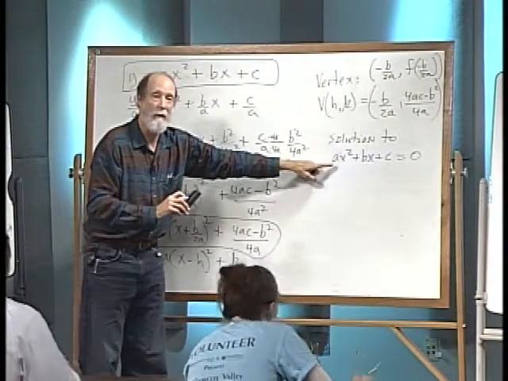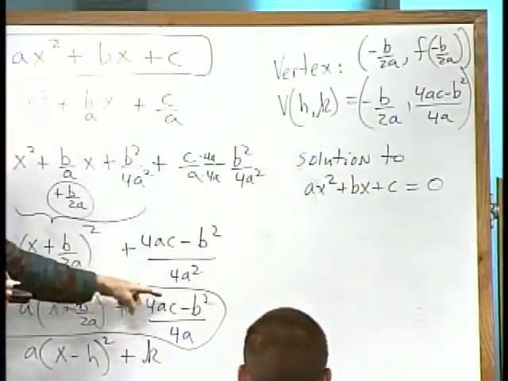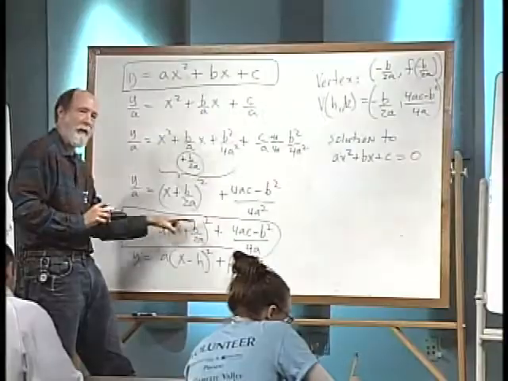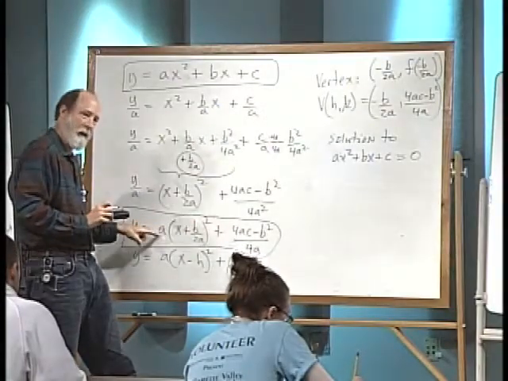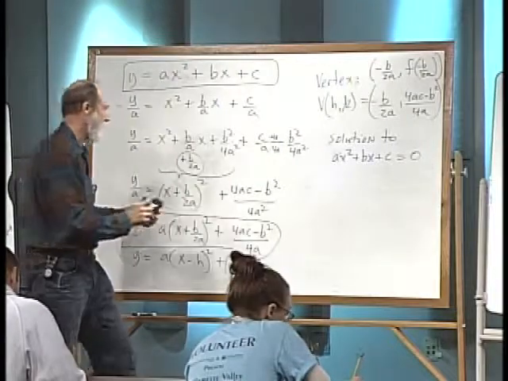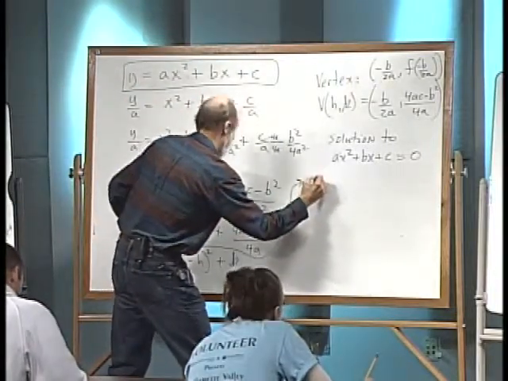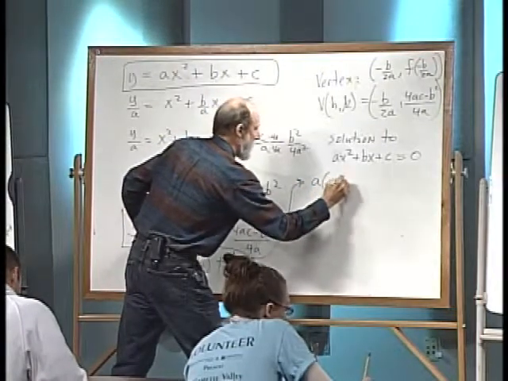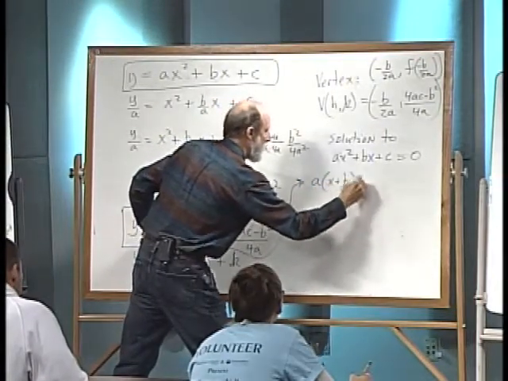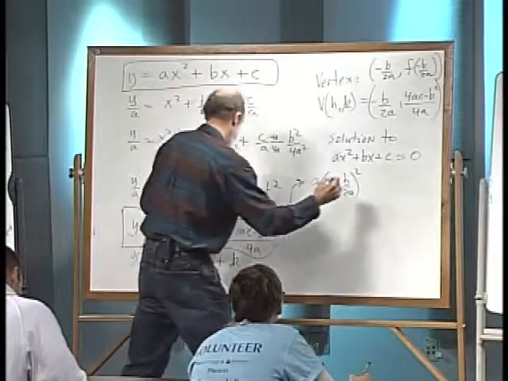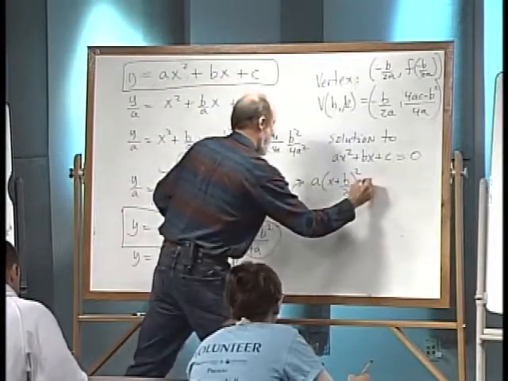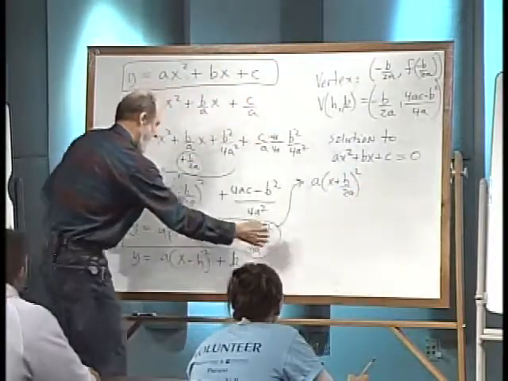Okay, now watch this. If I come down here in this form where the square has been completed, and I let y equal 0 right here, folks, watch this. I have a times (x plus b over 2a) quantity squared plus this, now, is equal to 0.